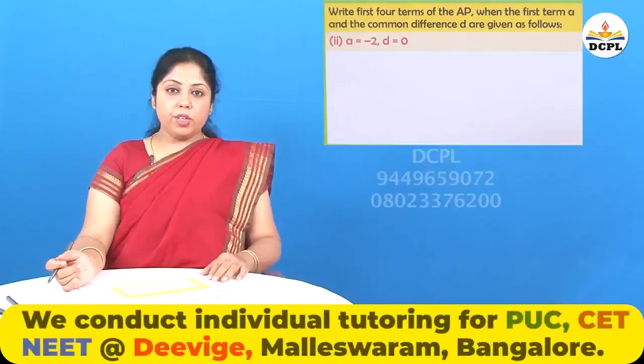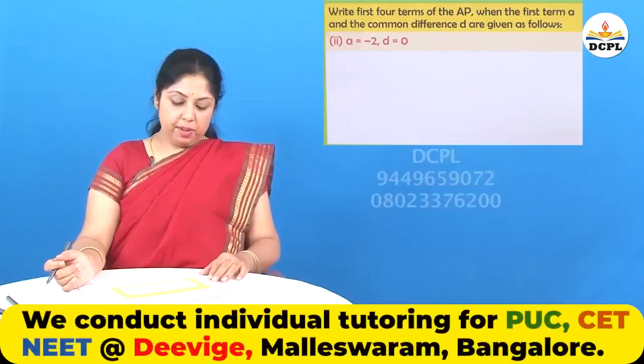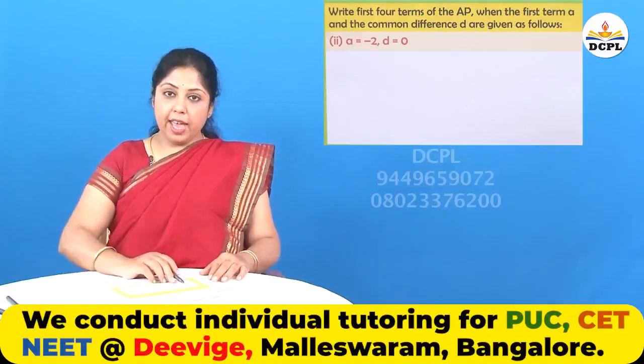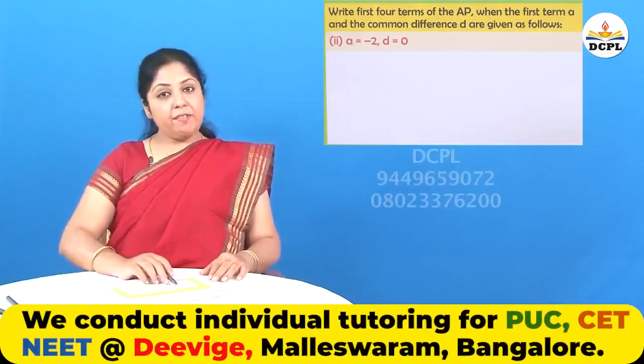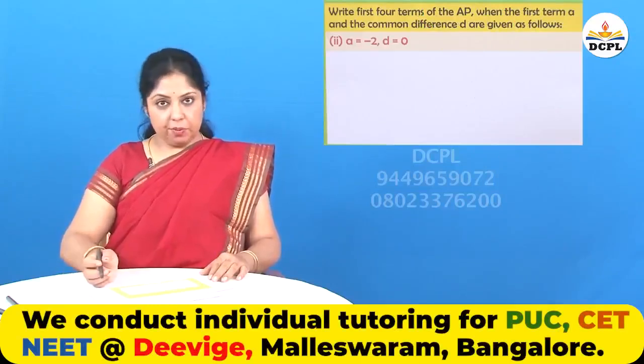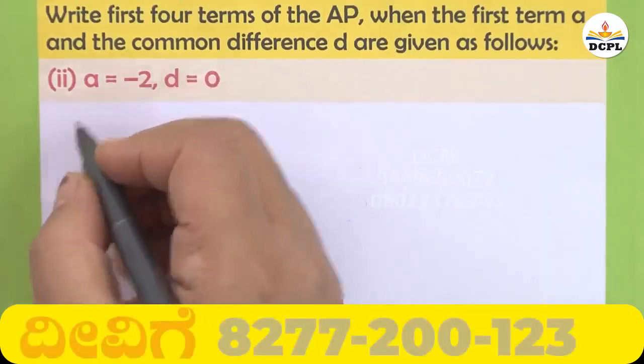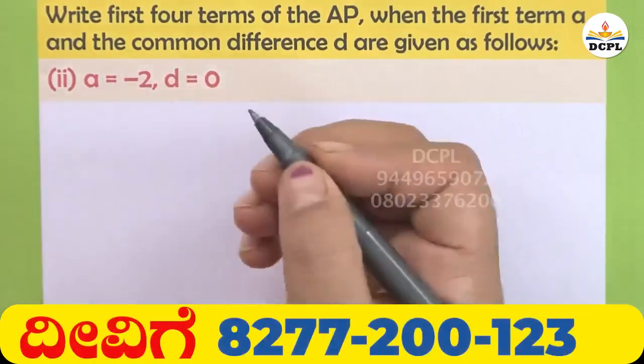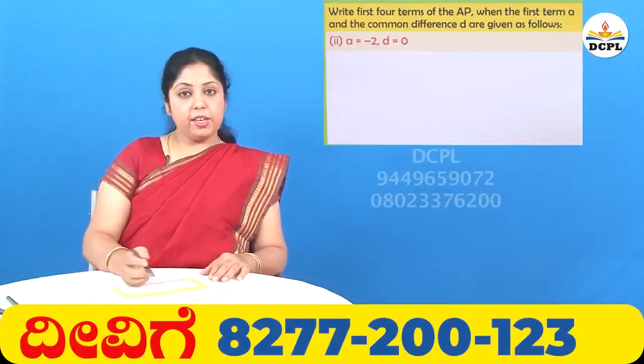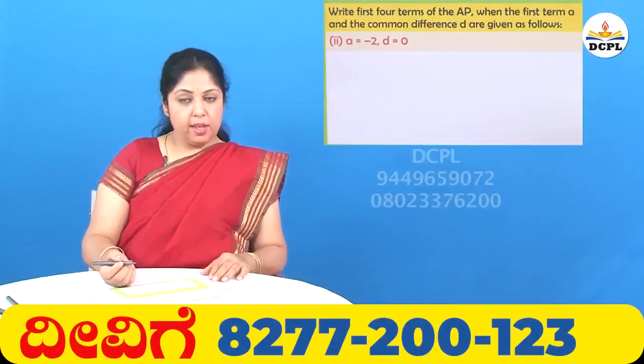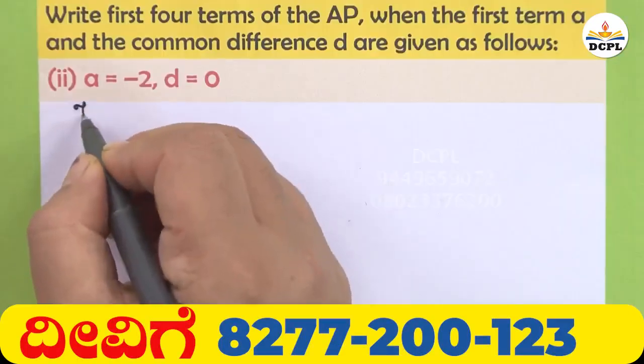So let's move on to the second part of this problem. Here the value of a is -2, d value is given to you as 0. So now, as usual, they are asking us to find the 4 terms of the AP.